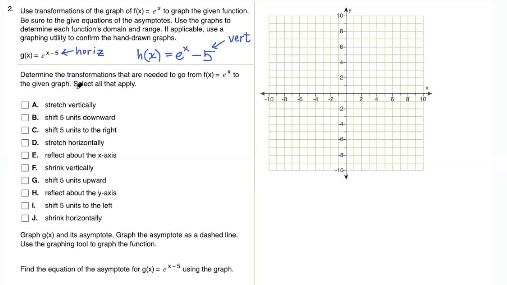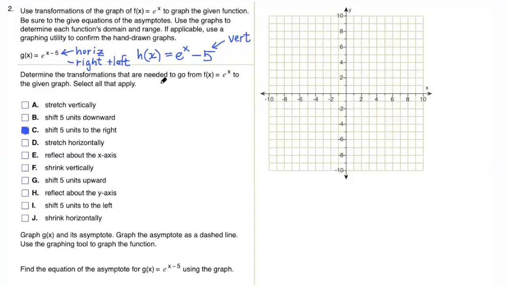Then you have to remember that when it's subtraction, it always shifts to the right. When it's addition, it shifts to the left. So based on my equation, I know I'm going to take the e to the x function and shift it right 5 units, which is this choice here.